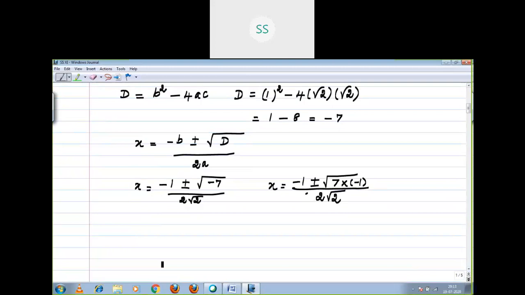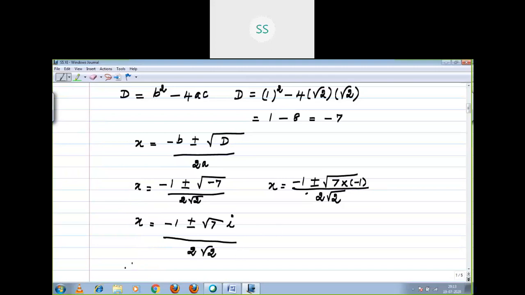Then x is equal to, what is your root here? x is equal to minus 1 plus or minus root 7 into i divided by 2 root 2, right?